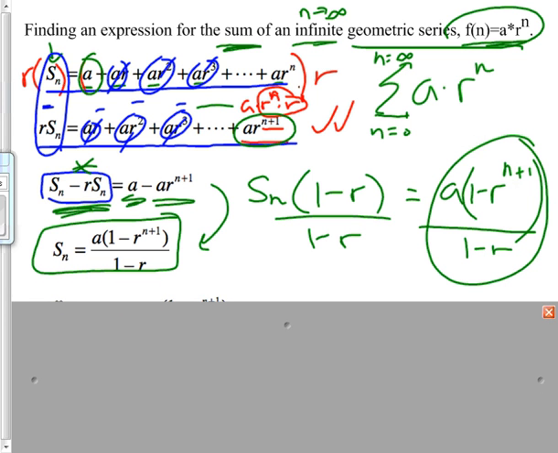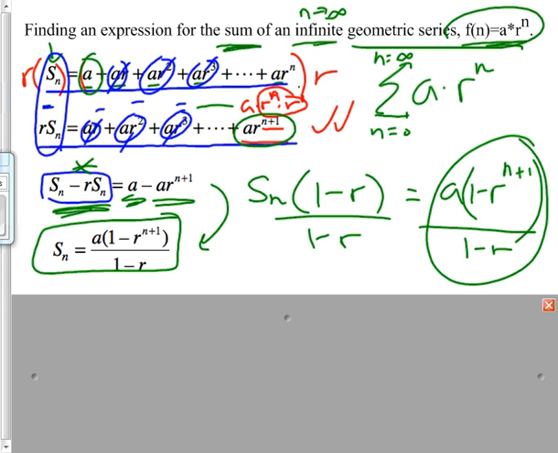So in other words, as n gets huge, the sum of all those terms in the sequence can be found using this equation. This equation will find the sum of all the terms in the sequence as n gets huge if I know a and r.